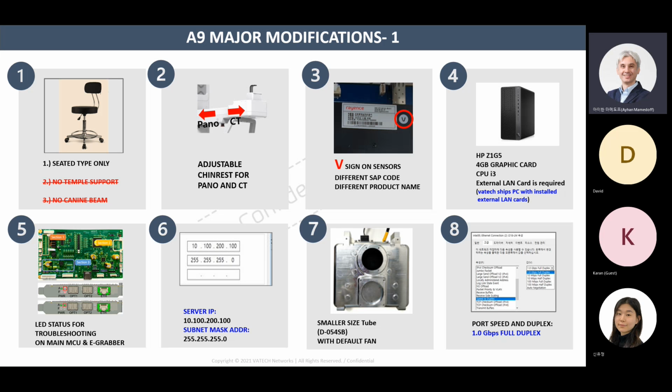Also, LED status lamps have been added to the boards on the main MCU and eGrabber. It means whenever you go to the site, and the customer is experiencing any problems, and you don't know for sure what the problem is, you will be able to check these lamps.